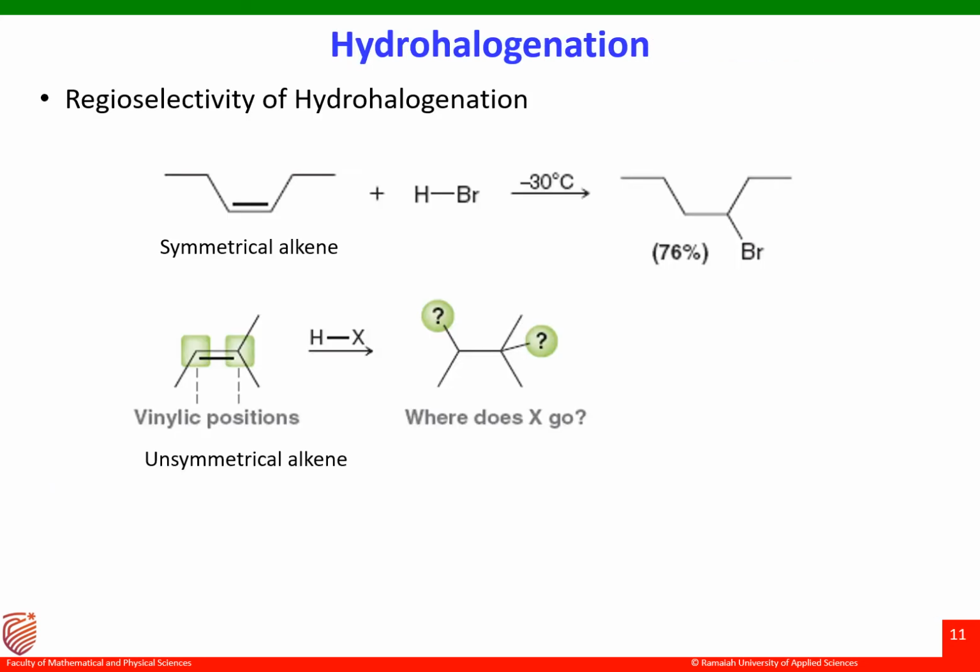Let us take up the first reaction, that is hydrohalogenation. As I spoke about the terminology, what is being added here is a hydrogen and a halogen across. Generally we represent halogen with the X notation, therefore here it is written as HX. HX is a hydrogen with a halide.